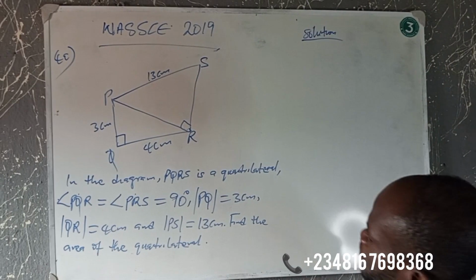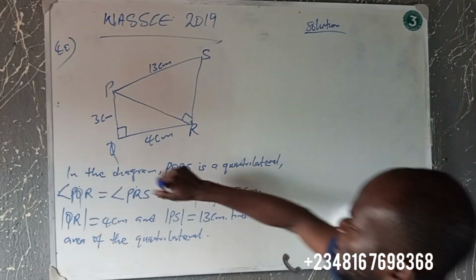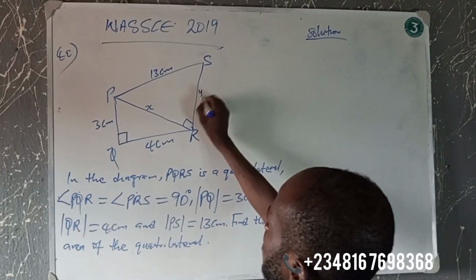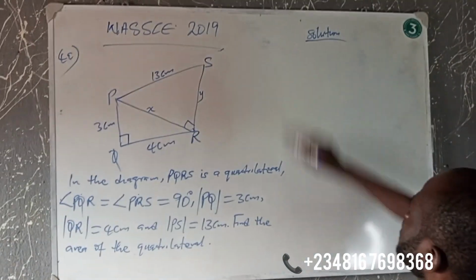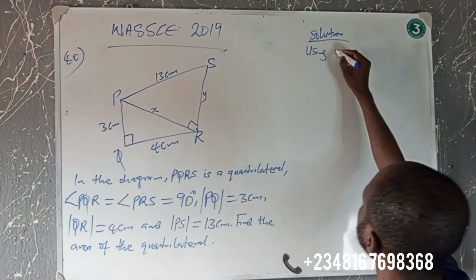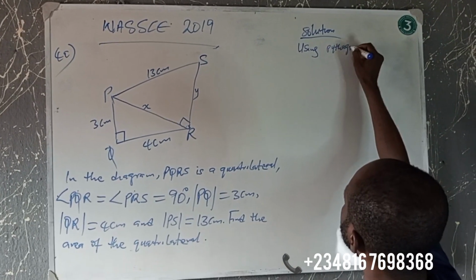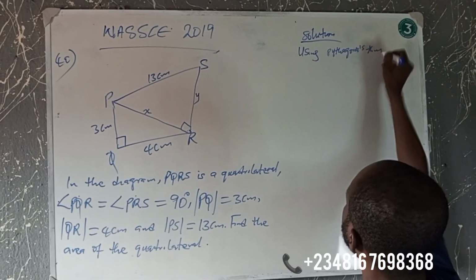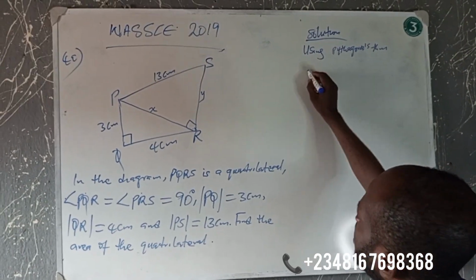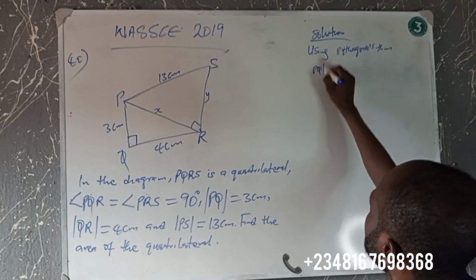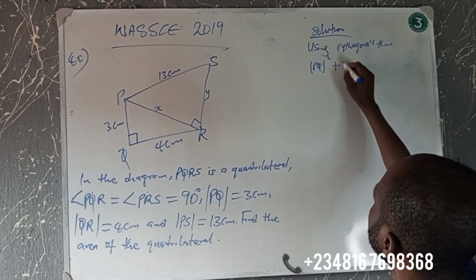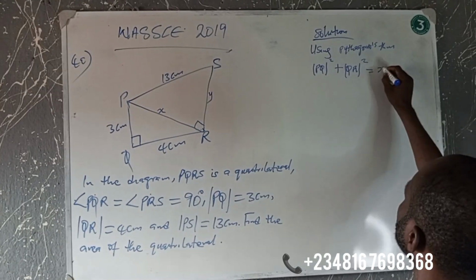Now using Pythagoras theorem, we have to find this side, which is not given. Let's call it S and call this one Y. Using Pythagoras theorem, we consider the right-angled triangle PQR. We have PQ squared plus QR squared equal to S squared.